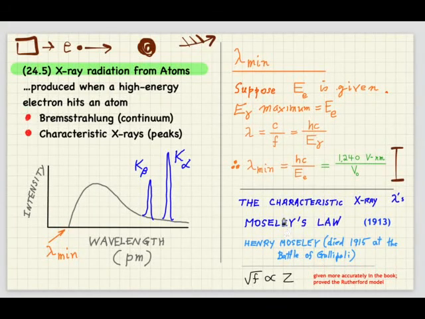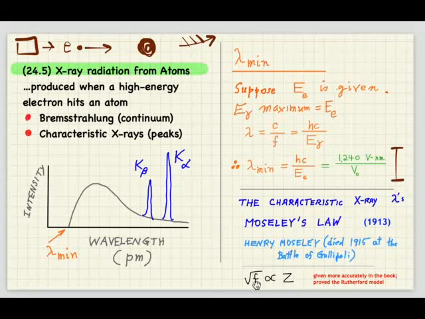And Moseley determined that the frequency is proportional to the atomic number of the atom squared, or the square root of the frequency is proportional to the atomic number. That's called Moseley's law. The book gives actually a more accurate relationship.